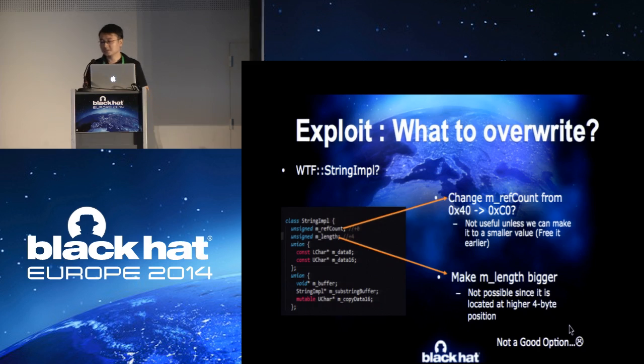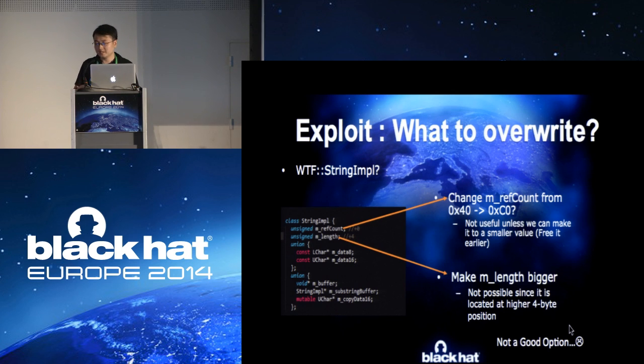So now we should consider what to overwrite. The first candidate is of course the WTF string implementation. We can see that it contains some fields like the mref count. You can maybe change the ref count from 0x40 to 0xc0, which is not quite useful, because if you can change that value to a smaller value, then the object can be freed earlier, which is good.